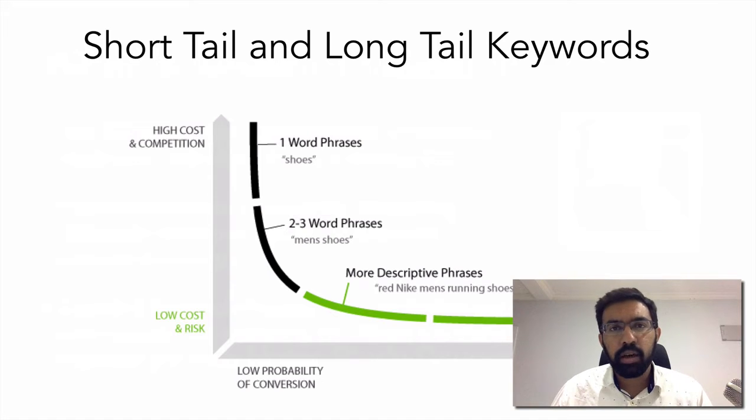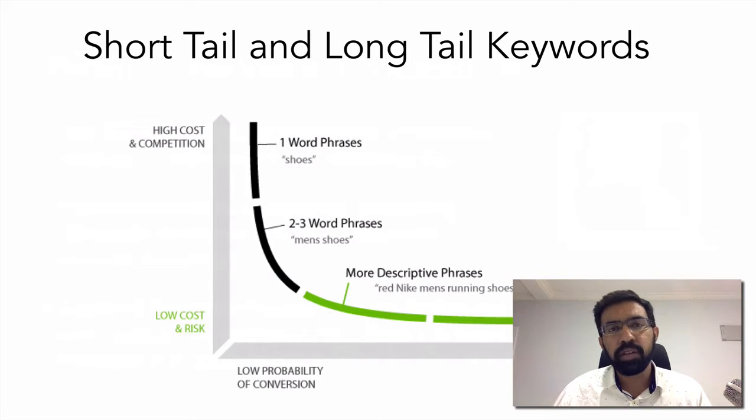Coming back to the previous example, let's say someone is going to a shop and asking for an A3 size drawing note. That is a very specific type of product that this person is looking for. If that particular shopkeeper has this note, it's very highly likely that this person is going to buy it, because he already knows what he wants and he is very specific about it.